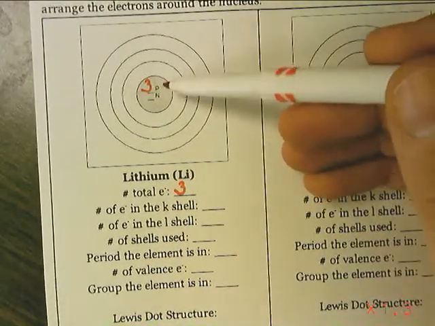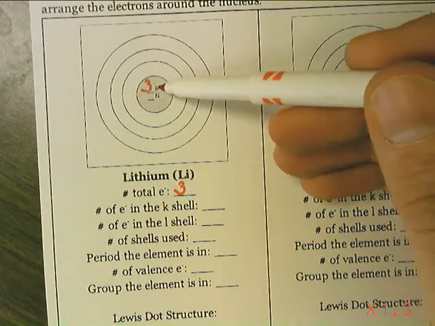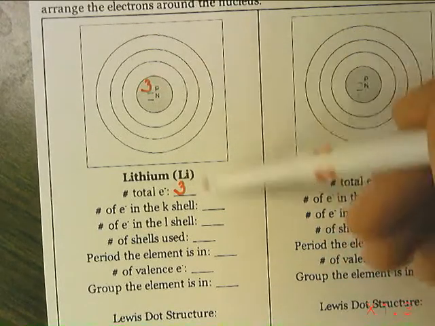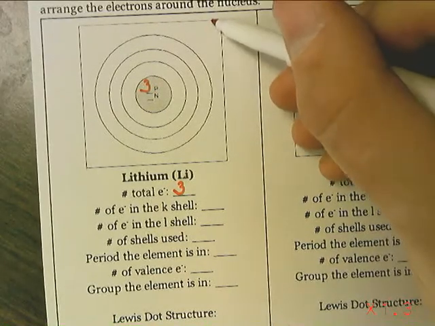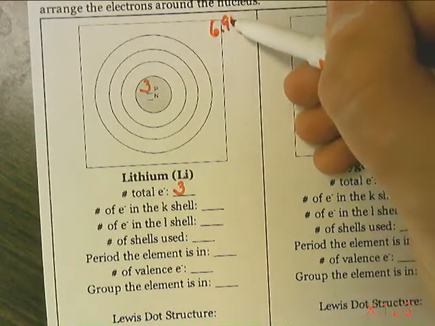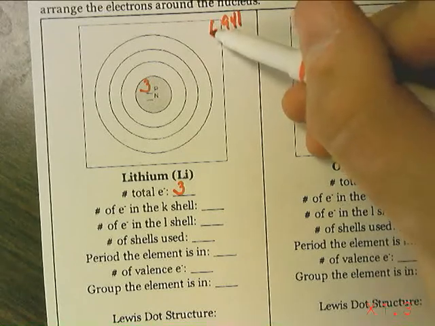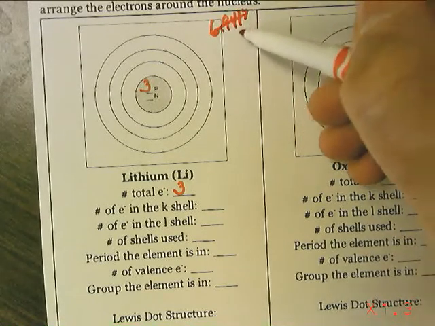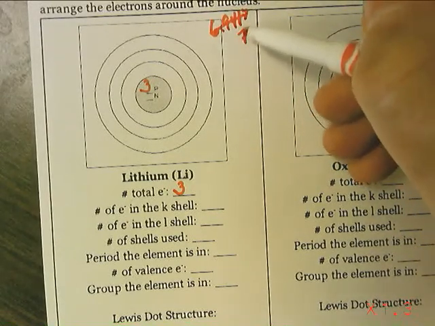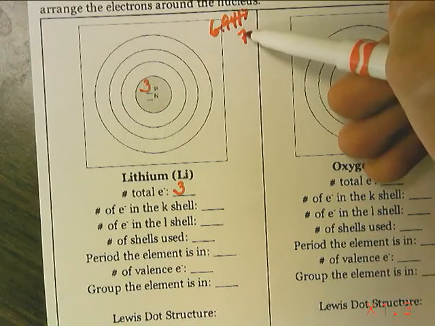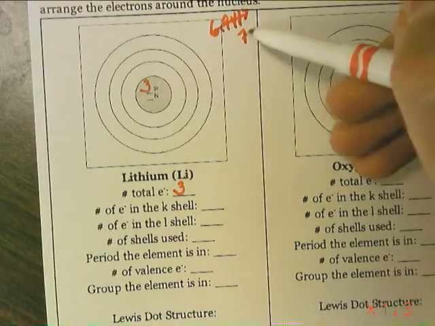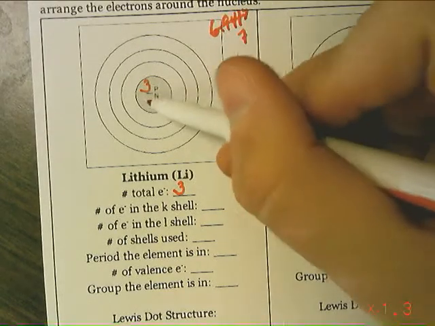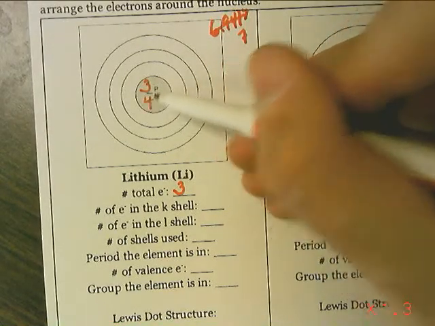So to make it neutral, there must be 3 protons and 3 electrons so that the net charge is equal to 0, or neutral. The atomic weight of lithium is 6.941, which we round to the nearest whole number, 7, and that's now the mass number. The mass number tells us the number of things in the nucleus. We know that 3 of those 7 things will be protons, therefore it has 4 neutrons.